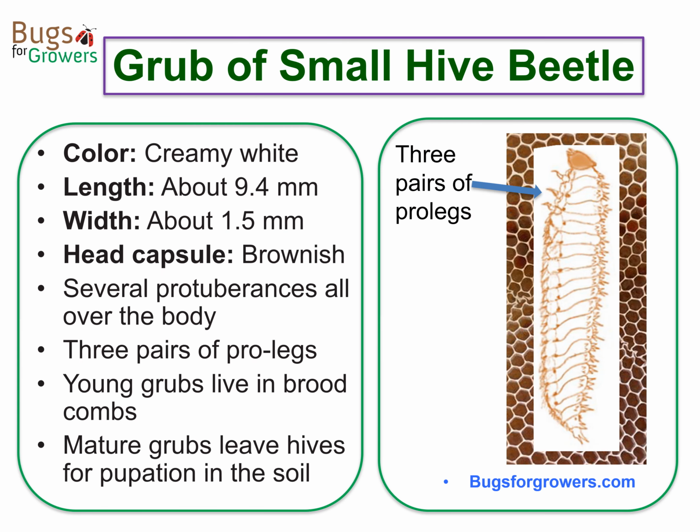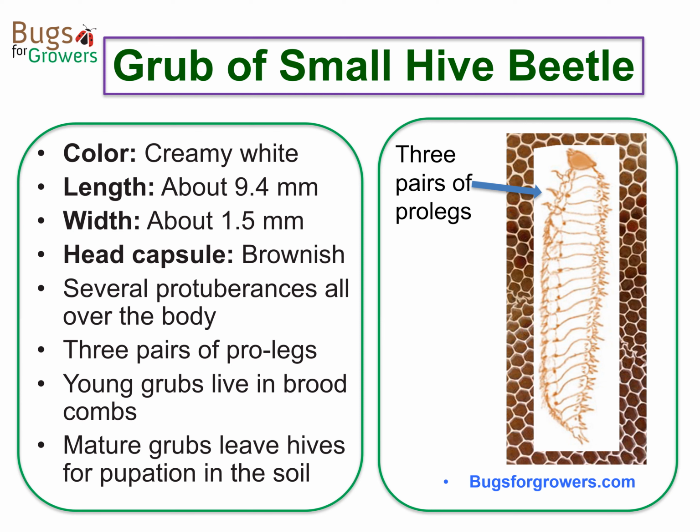Accurate identification of larvae of small hive beetles is very important because they can be mistaken for young larvae of greater wax moth, Galleria mellonella, because they can be found together in the same beehive.